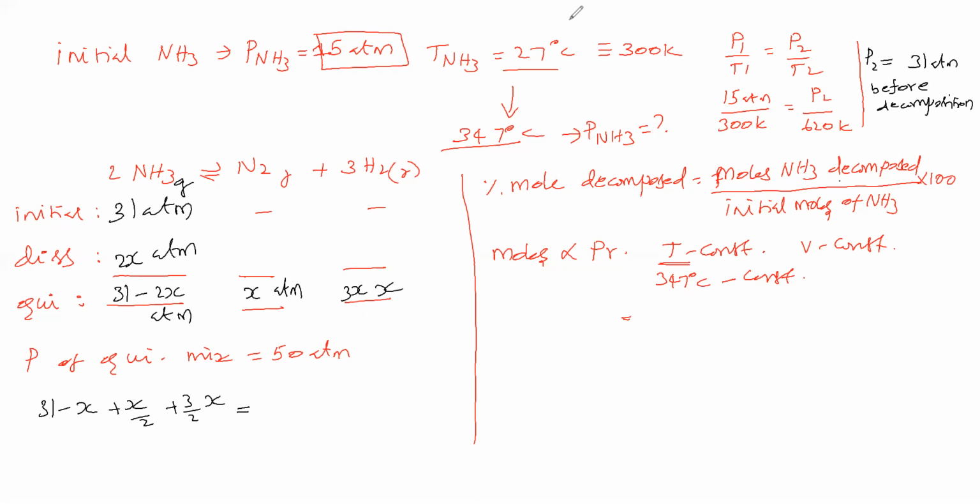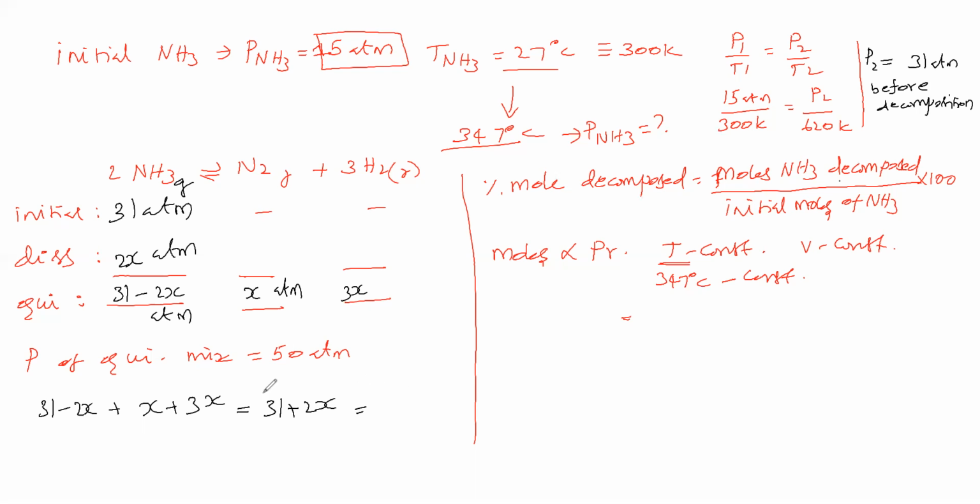What is the total? Now we will see total 31 minus 2x, here x, here 3x. Okay. So we got total. So total is 31 plus 2x. This is the pressure we got. Okay.